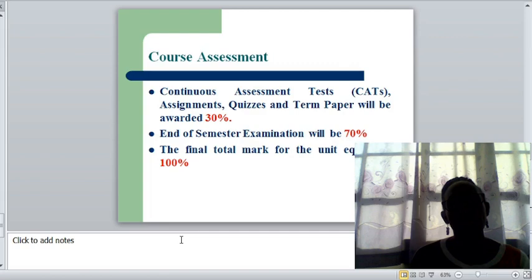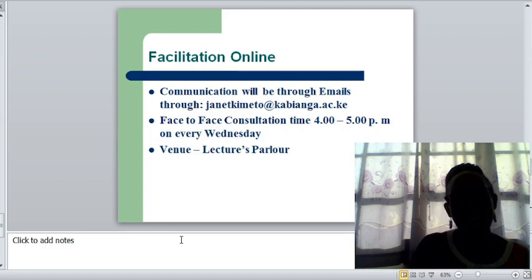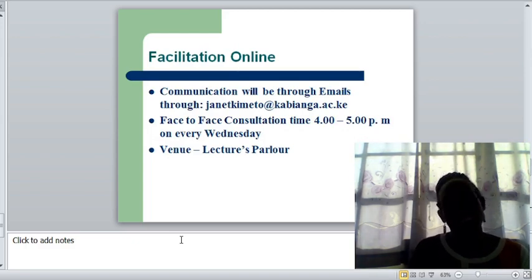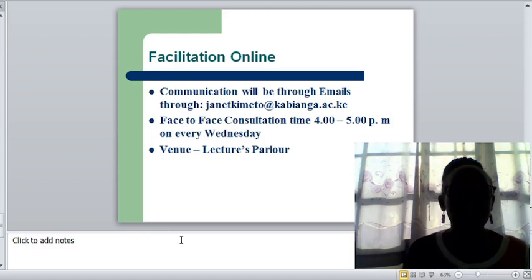Then we are going to have an end of semester examination, which will be 70%. So the final total mark should give you 100%. I expect every one of you to attain more than 50, or to have several A's.